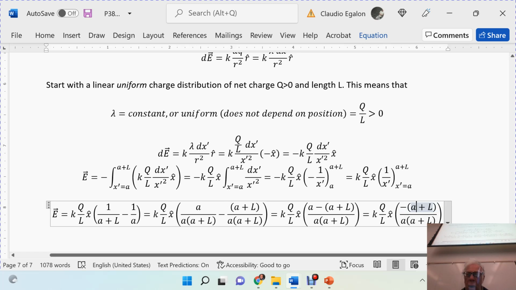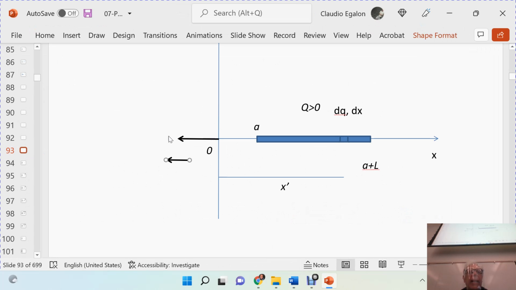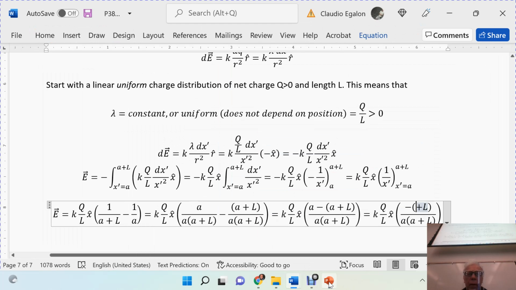And remember from our observation in the drawing, the net field here must end up being to the negative side of x, right? If it doesn't end up to the negative side of x in our derivation, that must be because we made some mistake. Are we getting the minus x direction?